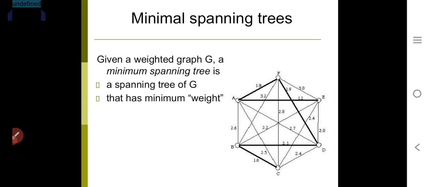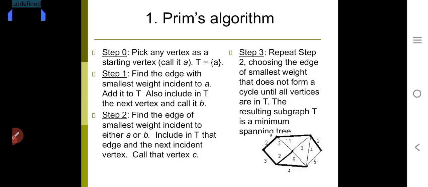So now we see the steps to find the spanning tree in Prim's algorithm. First, we make a graph G. Then, to find the minimal spanning tree, first we select a vertex and name it A, and make a set T equal to A. Then again, we select the smallest weight incident on the selected vertex.